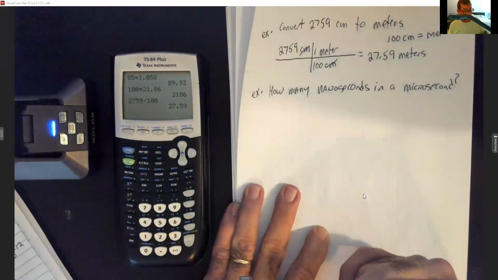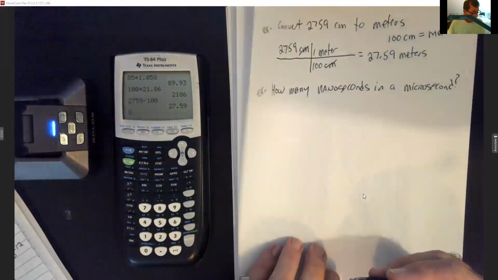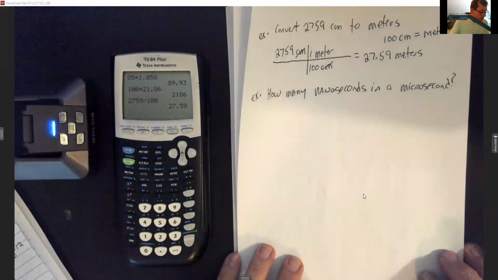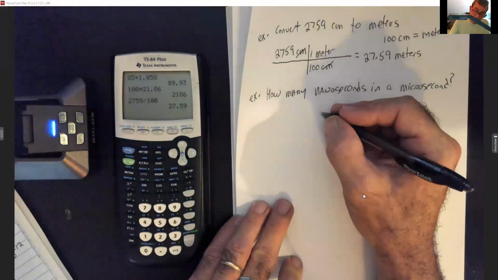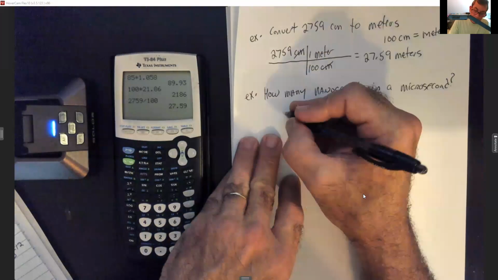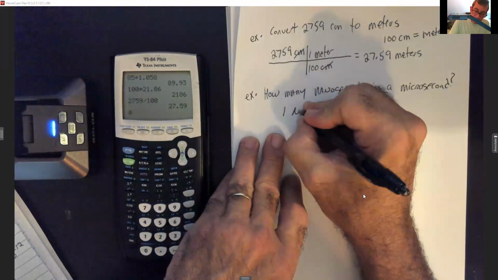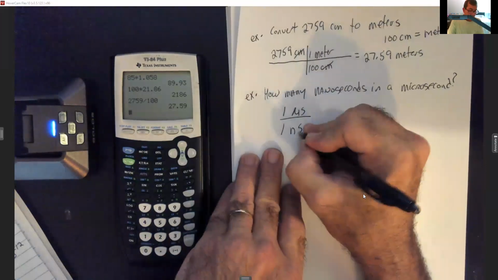And nanoseconds, if we remember the chart I just made y'all, are a lot smaller than microseconds. So I'm going to put my microseconds on top and divide by my nanoseconds, right? So 1 microsecond, I'm going to divide by my 1 nanosecond.